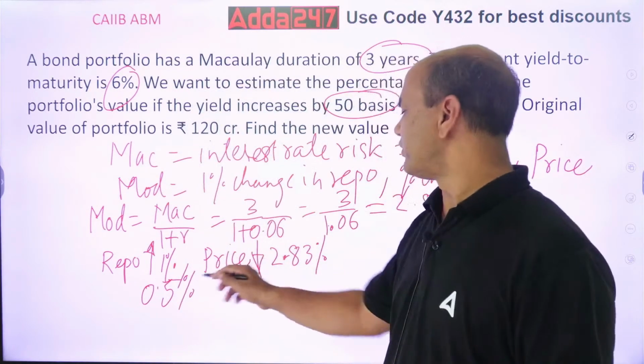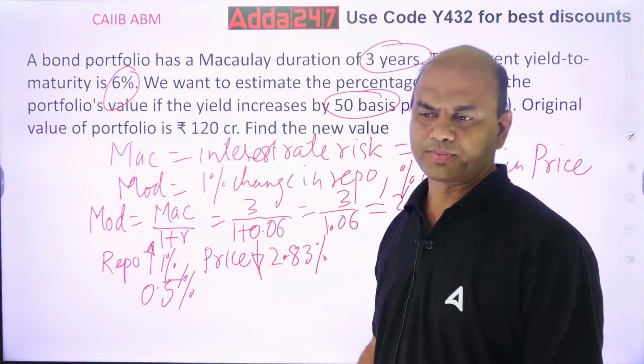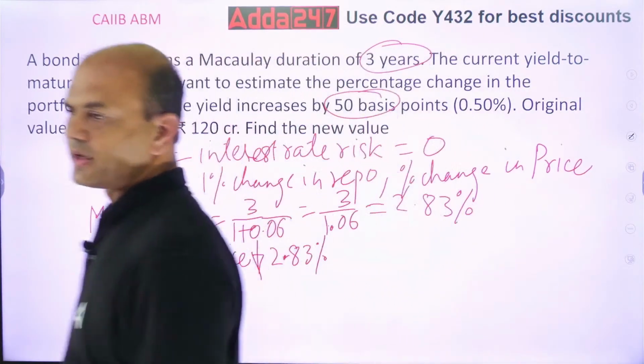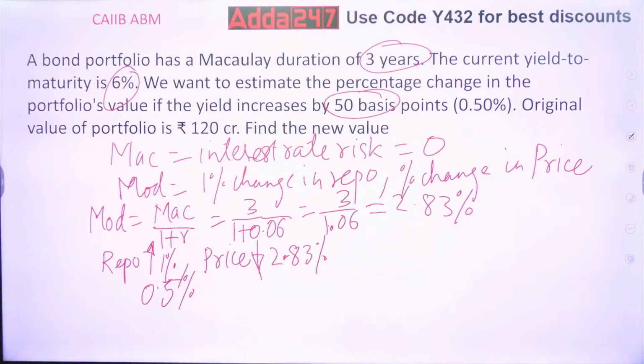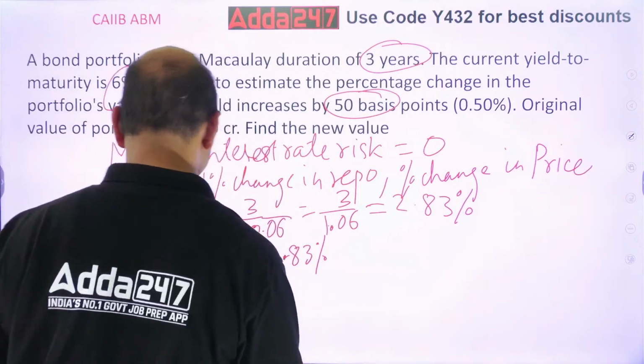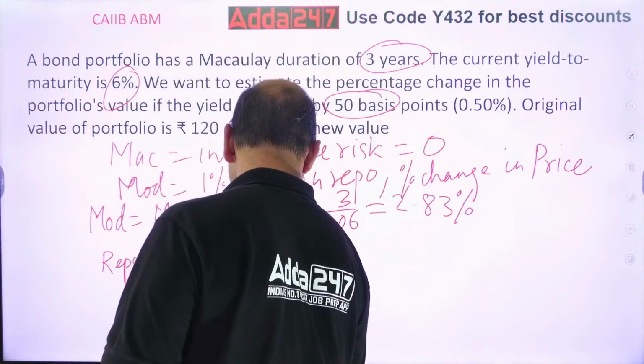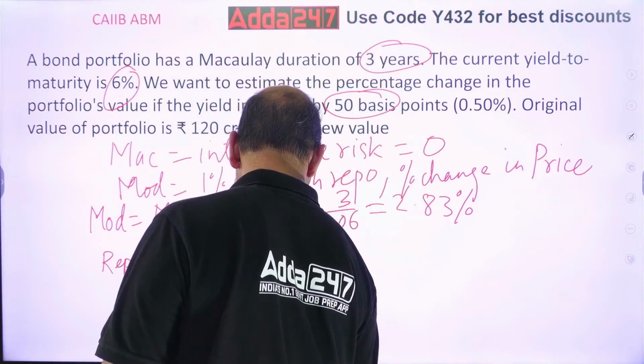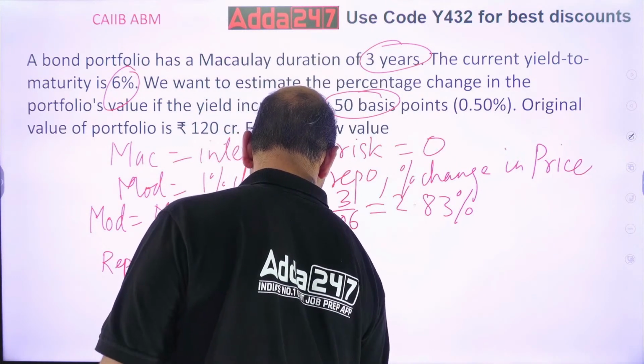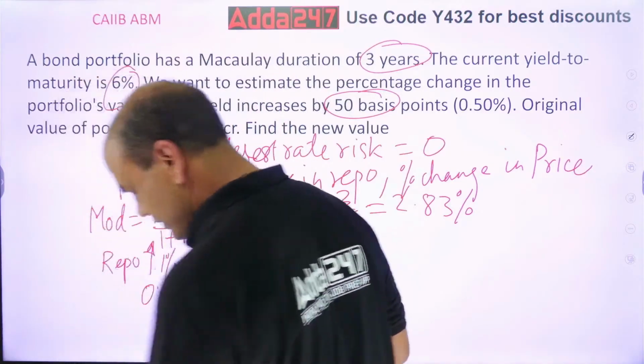So 0.5 into 2.83 upon 1. Do it, everyone. 2.83 into 0.5. So what are you getting? 1.41? Are you getting 1.41, everyone? So the price will fall down by 1.41%.